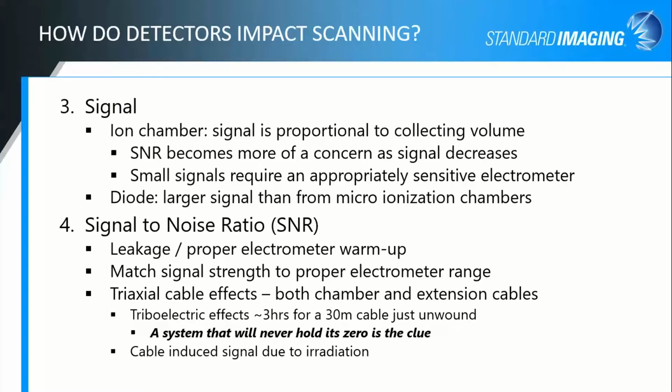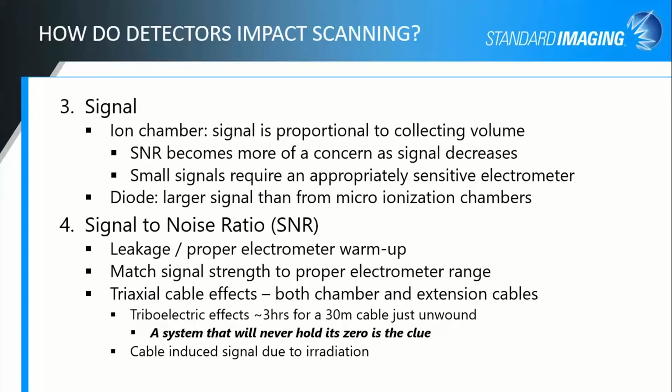When concerning yourself with this fourth point, the signal to noise ratio, it is very important that you give your electrometer a proper warm-up. The components within the electrometer need to come to thermal equilibrium in order for the electronic noise within the system to be stable, so that your leakage is minimized and you can zero out as much of that electronic noise as possible.